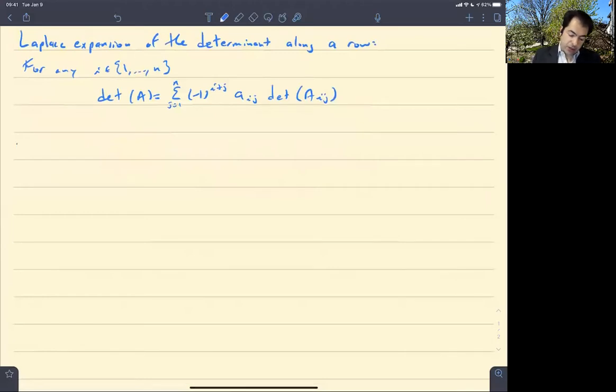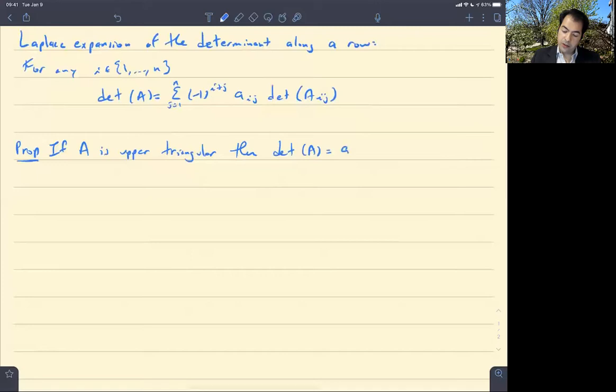Here's a very nice consequence. If A is upper triangular, then the determinant of A is just the product of the elements on the diagonal. Great, so let's prove this.